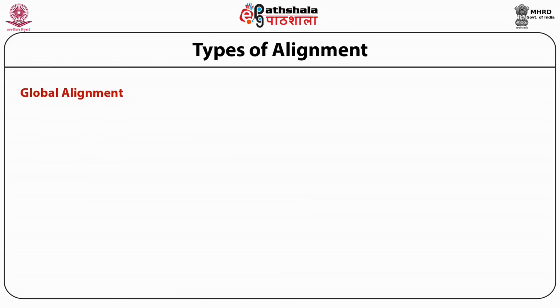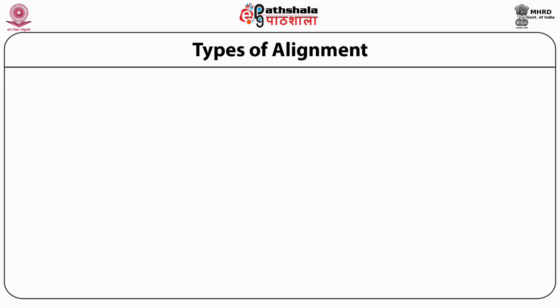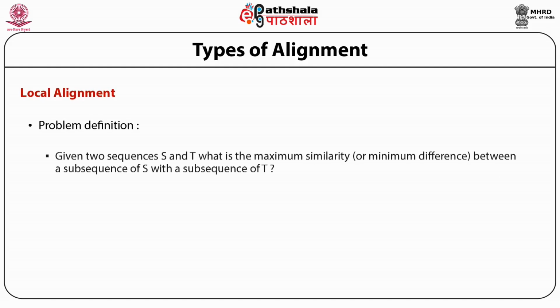Global alignment is simple to define: given two sequences, say S and T, what is the edit distance between them? For local alignment, given two sequences S and T, what is the maximum similarity or minimum difference between a subsequence, not necessarily the entire sequence, of S and a subsequence of T?